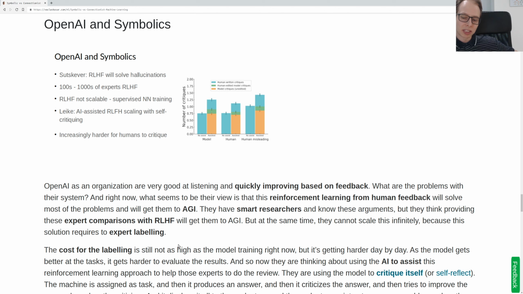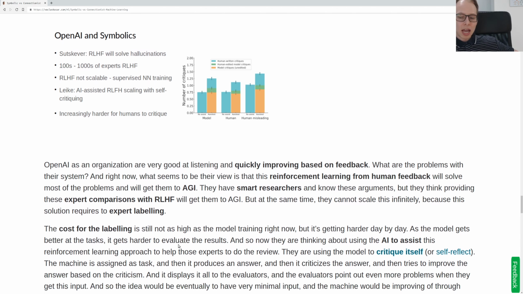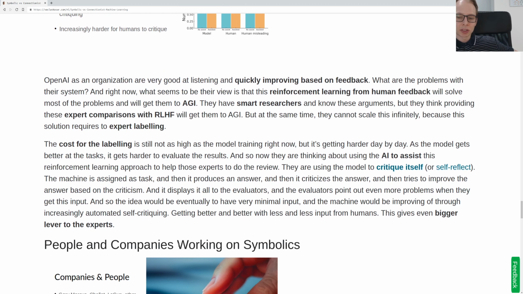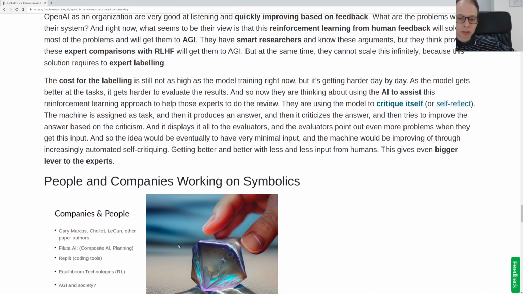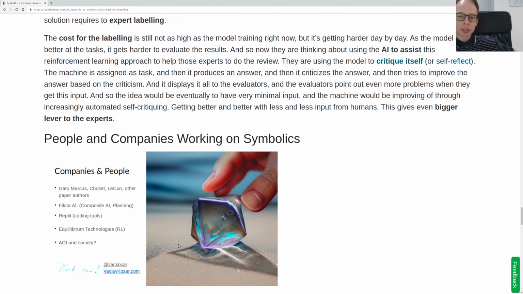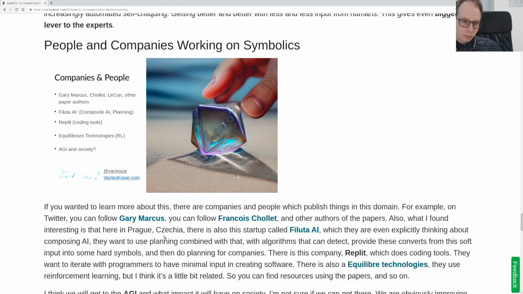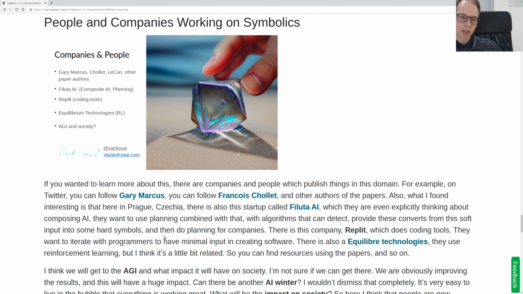The model can criticize its own output. And they are starting to use this more and more, for example, for self-reflection in the large language model. And they produce the criticism, and maybe they can eventually close the loop, so the model can train based on the best answer, which was produced by multiple iterations of criticism. And this gives a bigger and bigger lever to the experts.